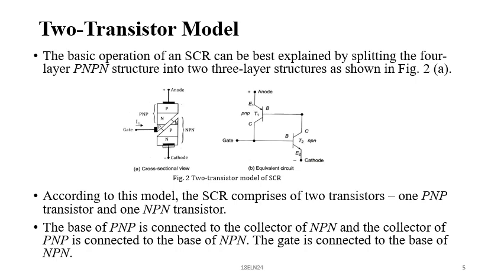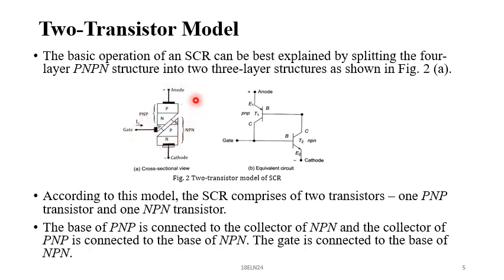There are 4 layers, PNPN, so I'll split this into two parts. One is PNP, where N is common and P is also common. The other one is NPN. So there are two transistors, one PNP transistor and the other NPN transistor. And this is the anode, this is the cathode, and this is your gate terminal.